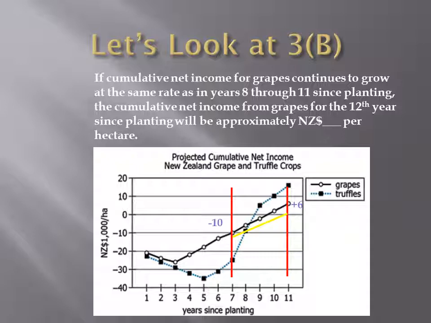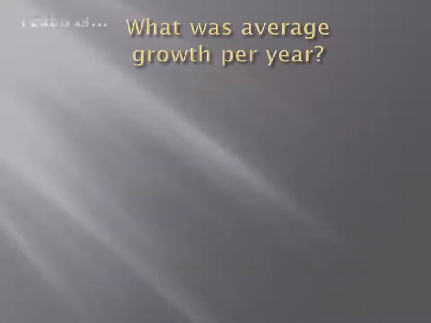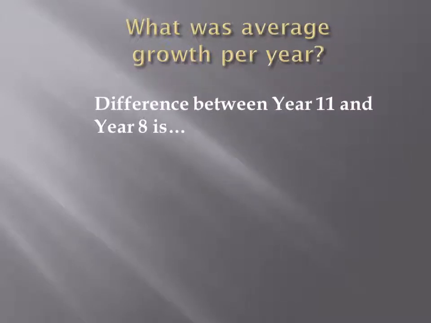You don't have individual lines, so you can't see exactly that it's plus 6, but you can see that it's higher than the halfway point, visually speaking, but it's not much higher. So it's probably either going to be 6 or 7. When I eyeballed this, I thought it was 6, so I'm going with minus 10 and plus 6 for my two values. So now we want to find out what was the average growth per year.